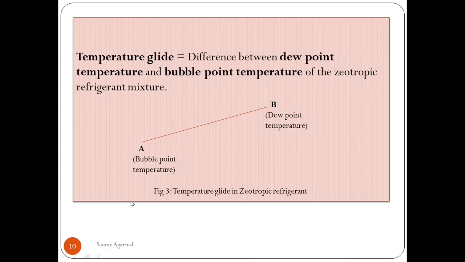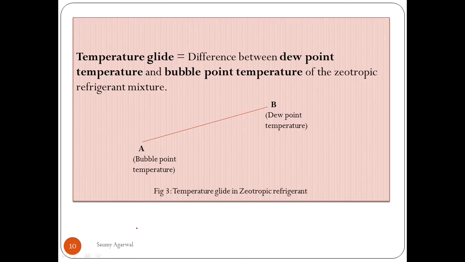You may have studied alloys in material science. Alloys do not have a definite melting point, so melting takes place over a range of temperature. You may have heard of liquidus temperature and solidus temperature. The solidus temperature is where the melting starts, and the liquidus temperature is where the melting ends.